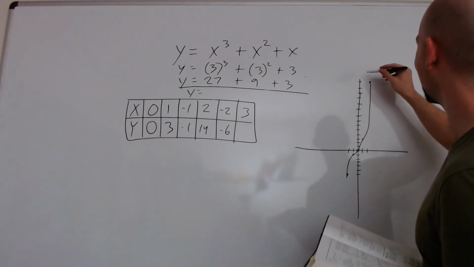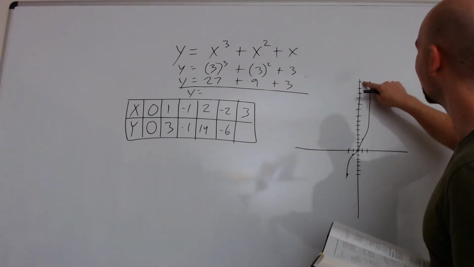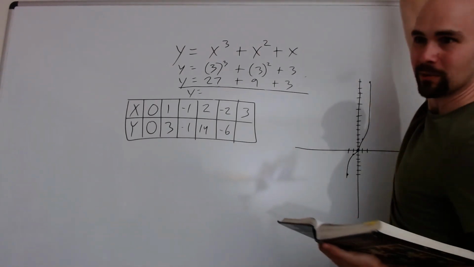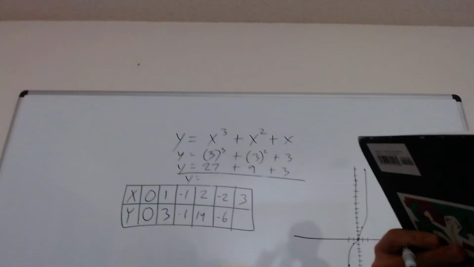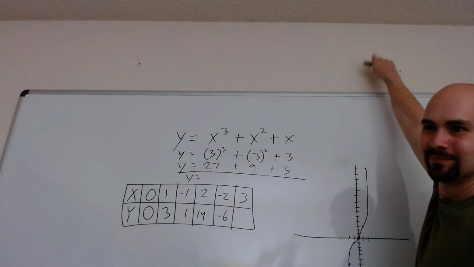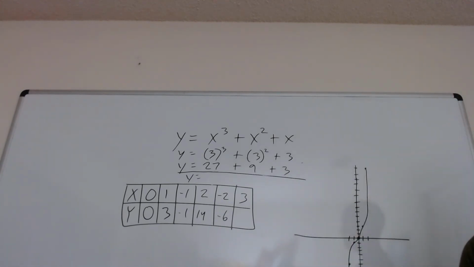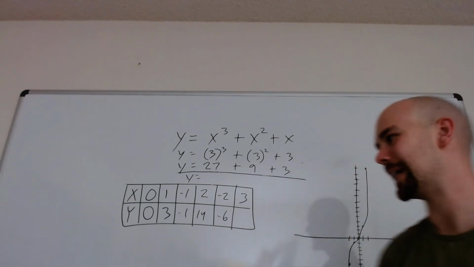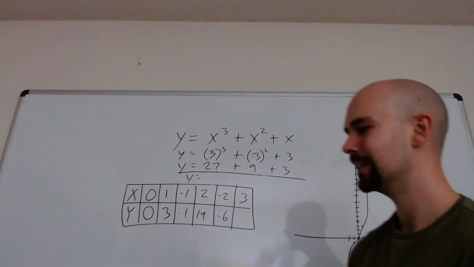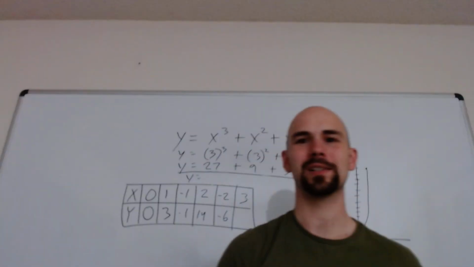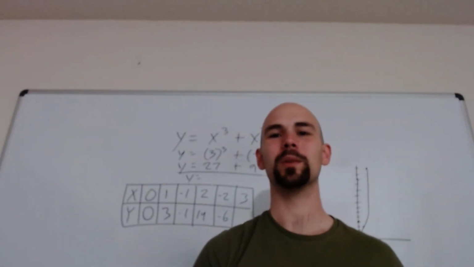But let's just say, yeah, so that's 14. Then it would come somewhere up around here. Now I see why they wanted you to do increments of 10 with the y-axis. So 39 would just be 1, 2, 3, 4, like right there, if we were doing increments of 10.